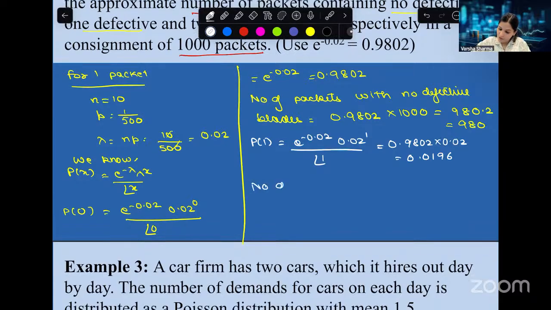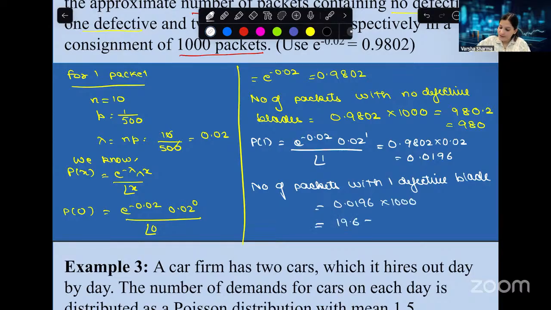So the number of packets with one defective blade: for 1, we have this answer multiplied by the total packets, 1000. 19.6, that is approximately 20.